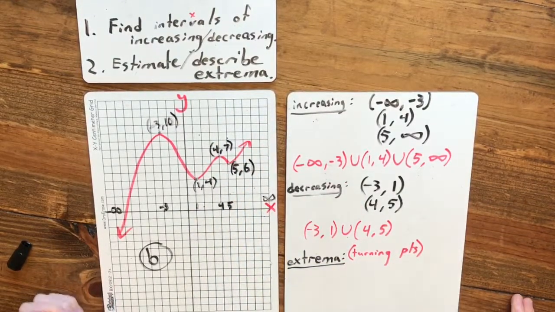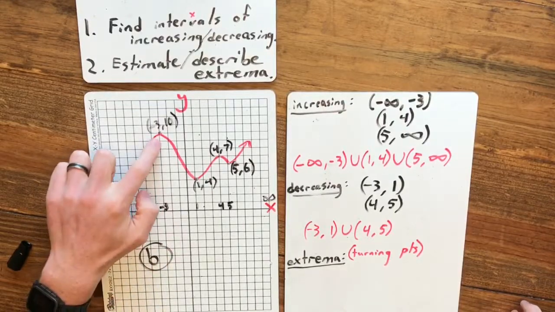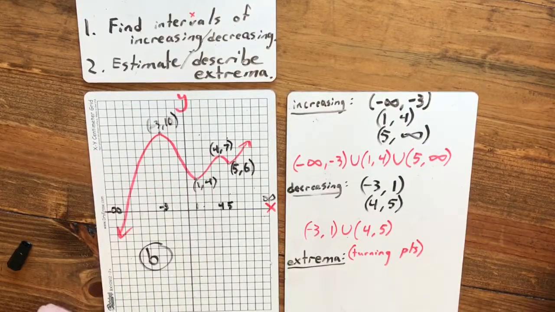So for extrema, we can have minimums and maximums, and those minimums and maximums can be relative or absolute. You can check the previous video to see an example of an absolute extrema, but in this case, none of these are absolutely the highest point or the lowest point.